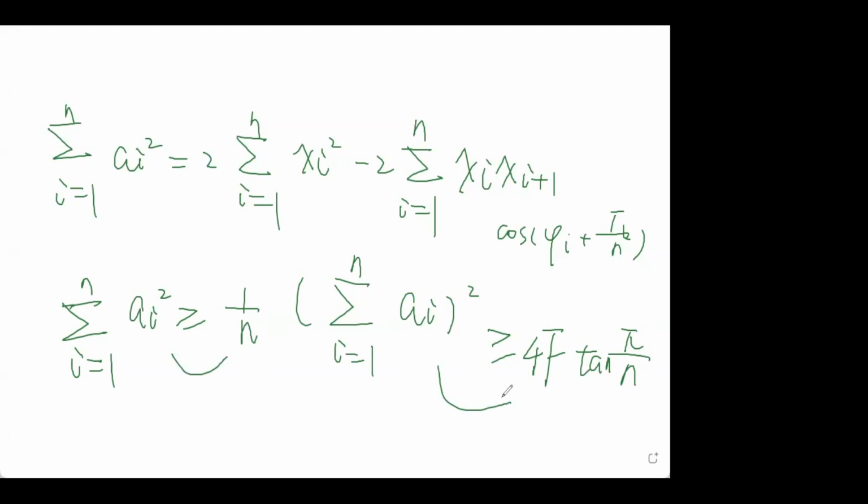Because you know the sum of the A_i squared from 1 to n, and you also have the inequality below, you could actually write down the sum of x_i squared from 1 to n, which is 2F tangent pi over n minus the sum from 1 to n of x_i x_(i+1) cosine of phi i plus pi over n.